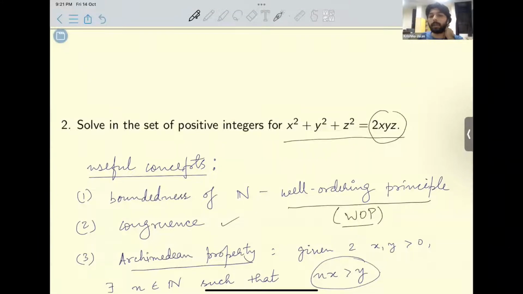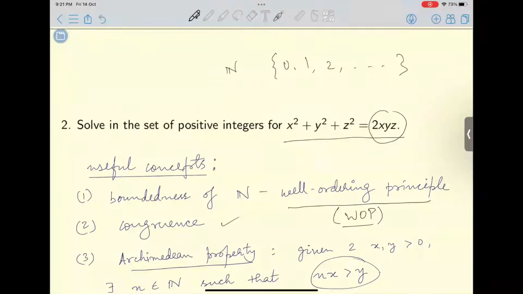It's not applicable there. Only it's a property of natural numbers. And I don't like to call 0 a natural number, but if you want to call 0 a natural number, then it's applicable to that scenario as well. So it's something like 0, 1, 2. In this case, the lower bound is 0. Okay, sir. Thank you.